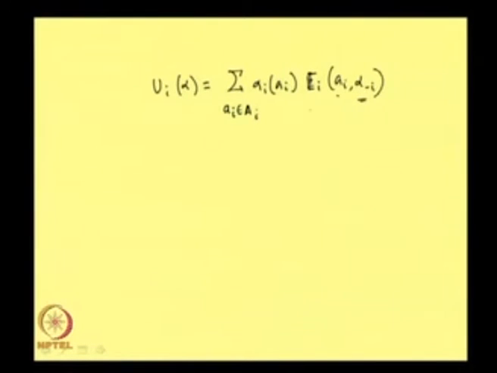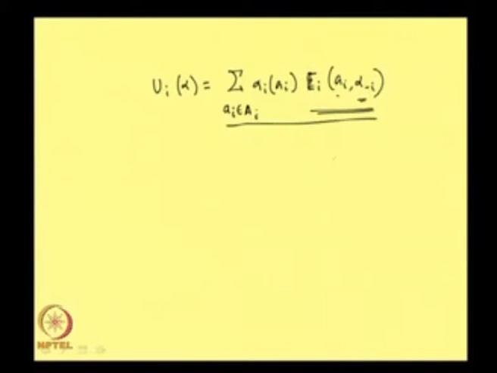Expected payoff of this nature is multiplied with the probability of playing a_i, which is given by alpha_i(a_i), and then we sum over all small a's which belong to capital A_i, and doing so we get the expected payoff to player i from this particular mixed strategy profile alpha.